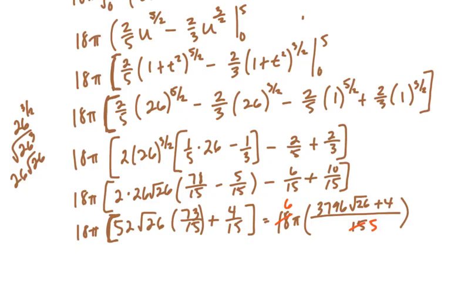And we can factor a 4 out of the fraction on the front. So 4 times 6 would be 24 pi. And let's move the 5 out here. And then when we divide 3796 by 4, we get 949 square root of 26 plus 1.